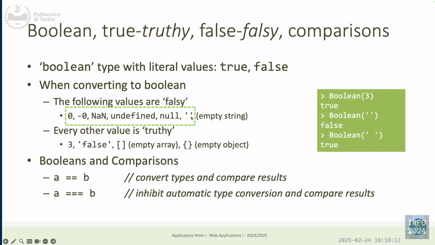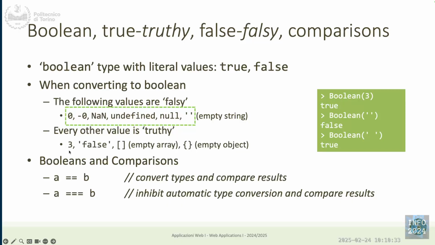And an empty string is false, but an empty array is true, or an empty object is true, or an empty function is true, but an empty string is false. This is an exception that always makes me uncomfortable, but that a number different from 0 is true is normal.